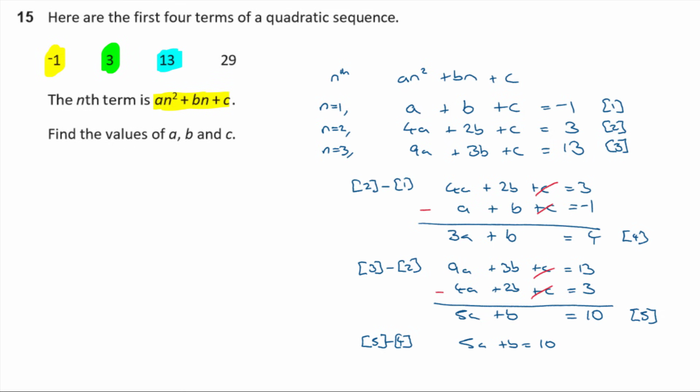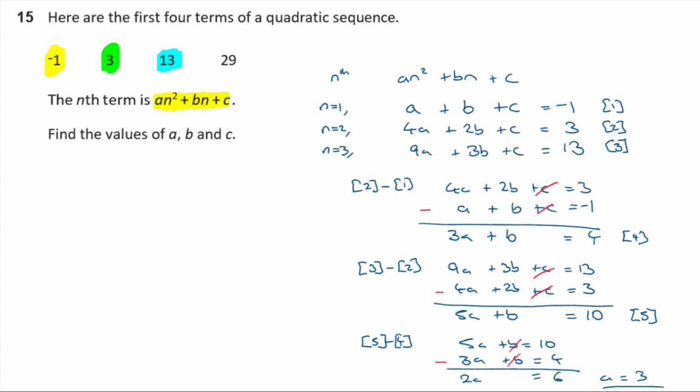And equation 4 was 3a plus b, and that's equal to 4. Subtracting one from the other, 5a take away 3a, that's 2a, isn't it? b take away b, that's zip. And then 10 take away 4, that is 6. So 2a is 6, so a is equal to 3.